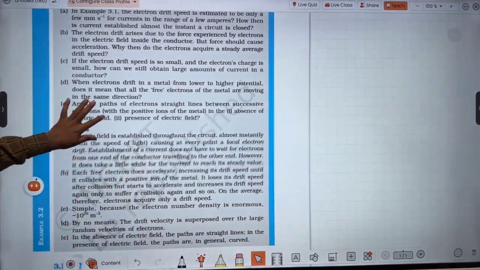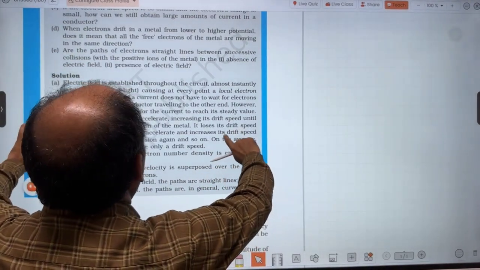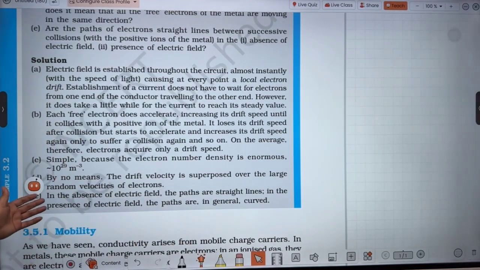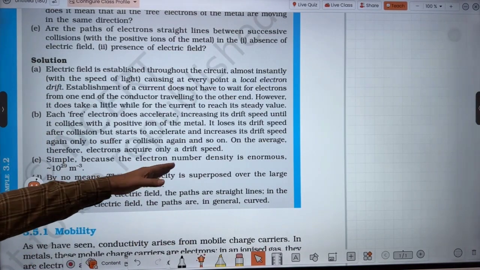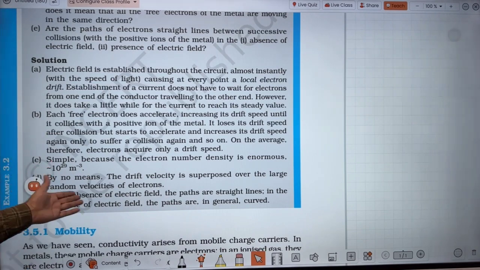So the basic point is the number of electrons will be very large. When a very large number is multiplied by even a very small number, the result will be large. Simple, because the electron number density is enormous. This much, 10^29, we have just evaluated the value of n.